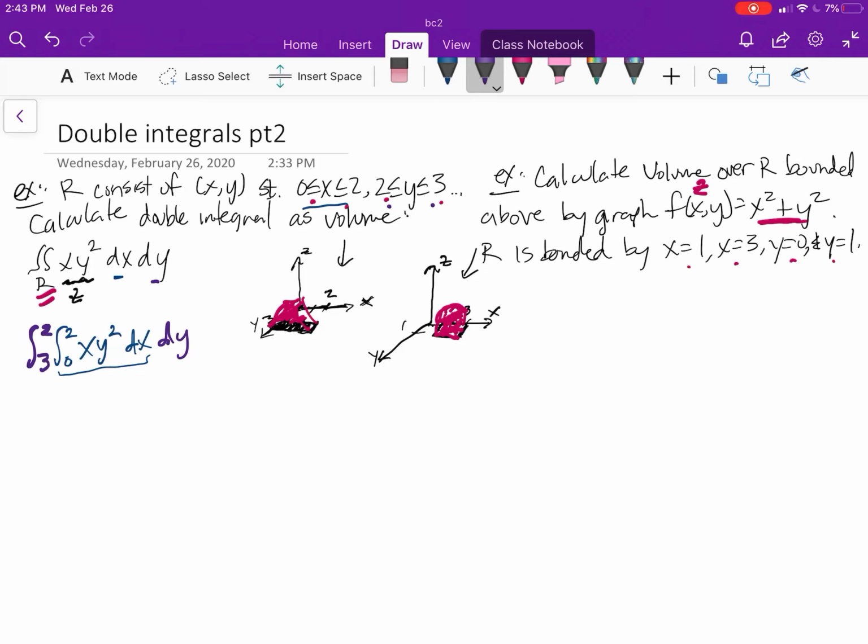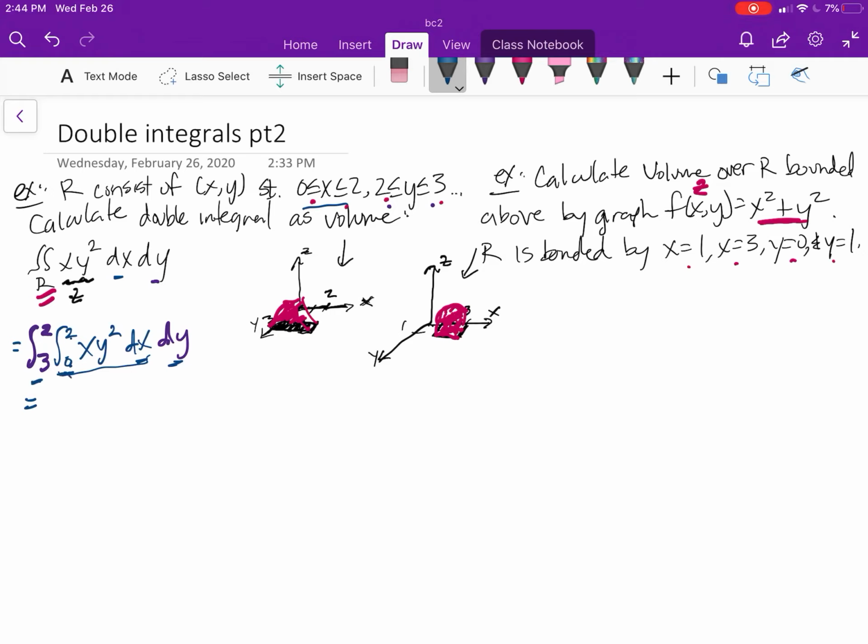So this outer integral, 2 to 3. Now I'm doing it this way because that's the way it is written here. They set it up dx dy, so we'll go ahead and do it dx dy. As long as that integral 0 to 2 stays with the dx, and the integral 2 to 3 stays with the dy, it really doesn't matter.